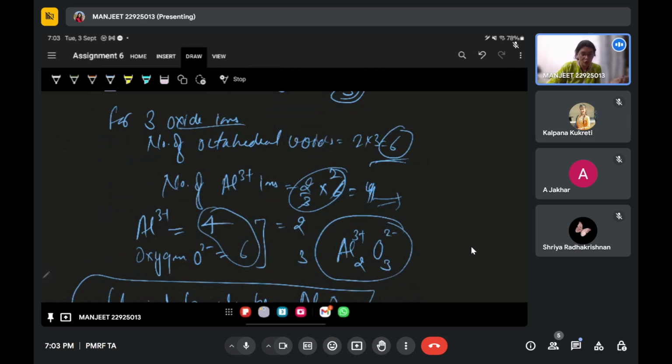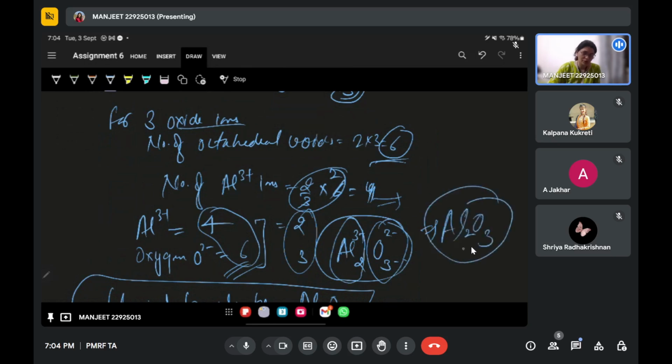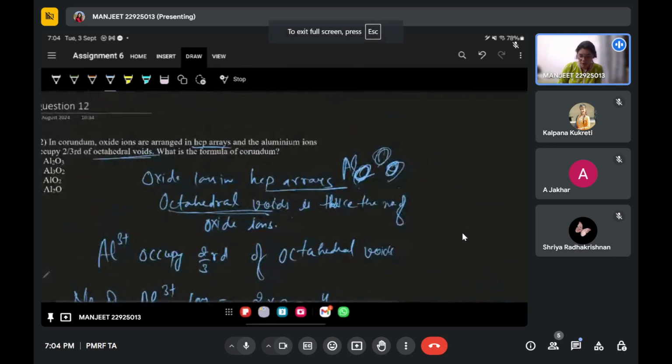So we have 4 aluminium corresponding to 6 oxygen atoms. If we divide by 2, that gives the simple ratio 2:3. So the aluminium present in 1 unit is 2, and the oxide ions present in 1 unit is 3. So the stoichiometry of this aluminium oxide will be Al2O3. This is the chemical formula of corundum.